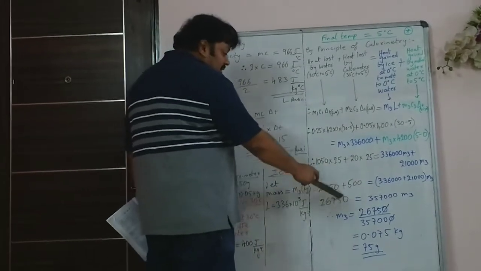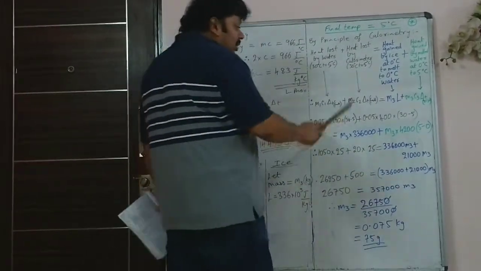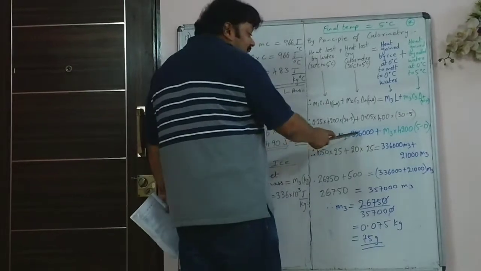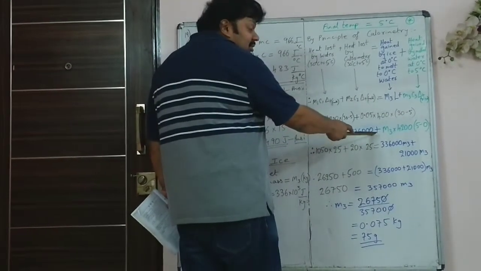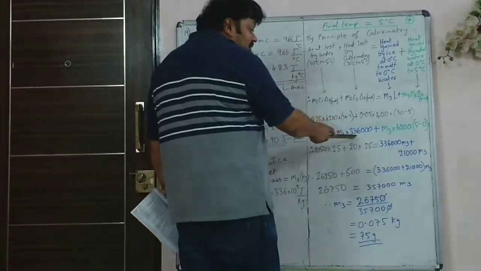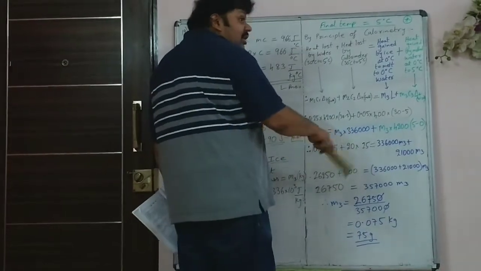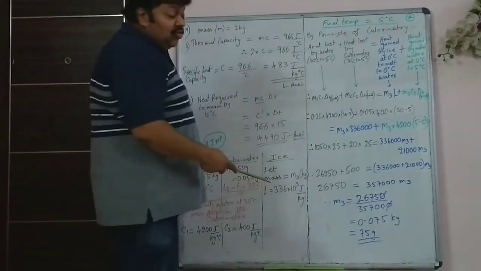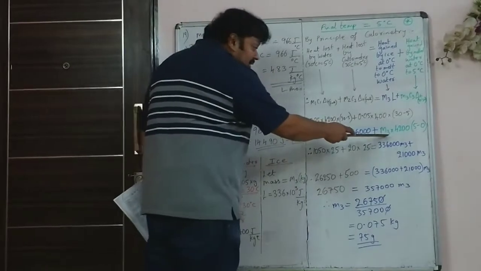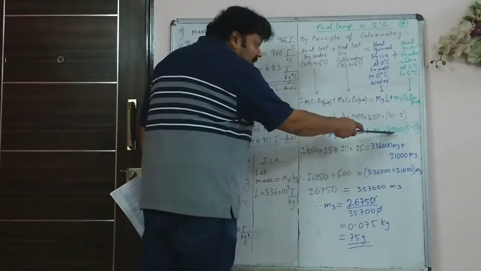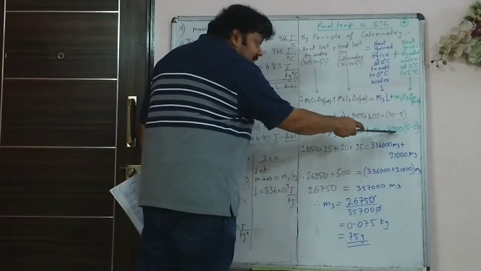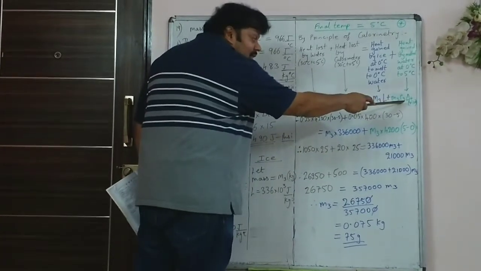So this is equal to, now look at the ice, M3 into 3,36,000. This is latent heat of fusion of ice given in the question. It has to be in joule per kg, and this is M3 into 4200 because this is the melted water.